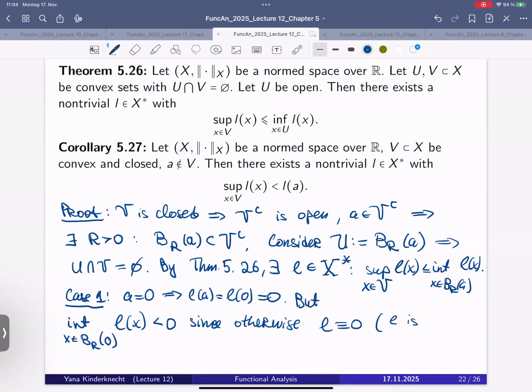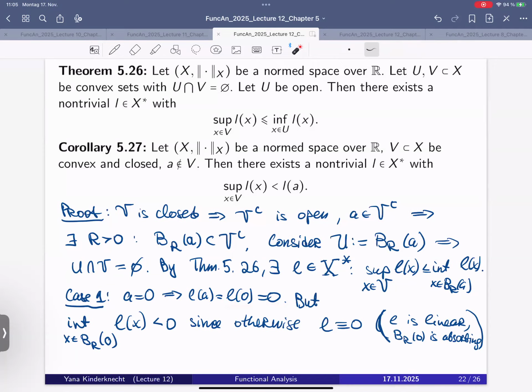Because L is linear, and this open ball, B_R(0), is absorbing. That is, at the centrum of the ball, L is 0.